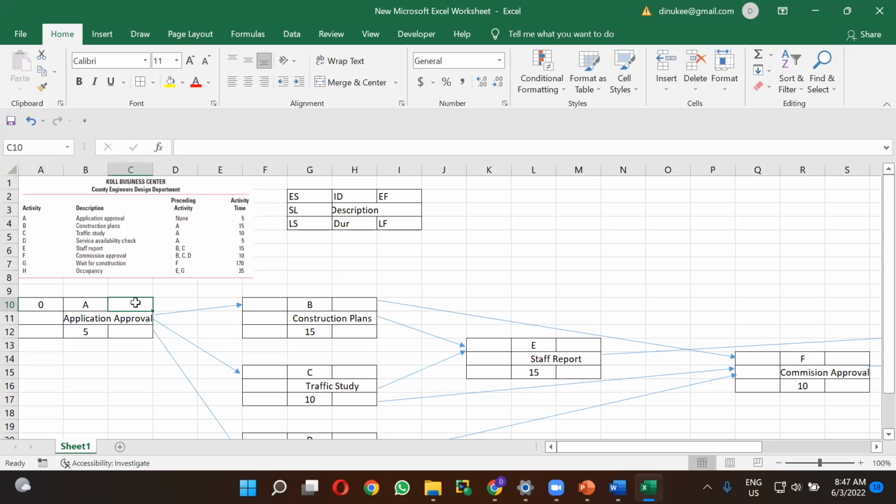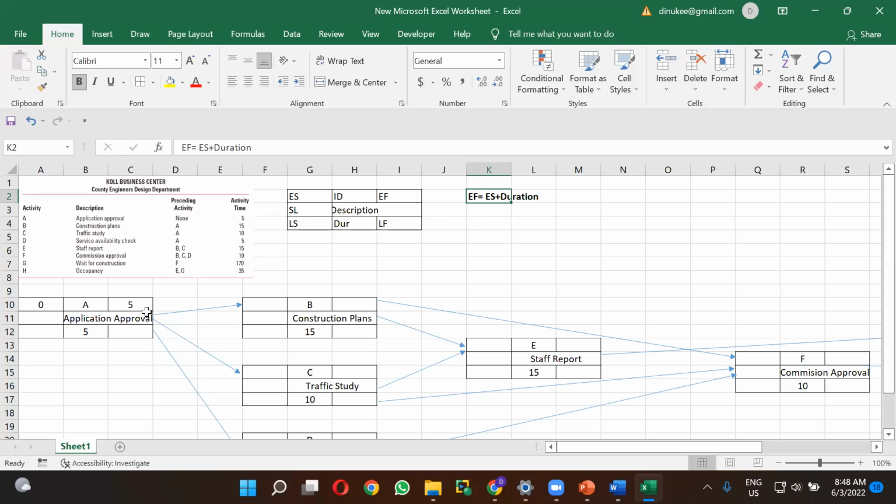So the early finish time for activity A is 5. Right. So is that clear? Early finish time means you take the early start time plus the duration. This is the equation that you have to use throughout the forward calculation when calculating early finish time. I think it is clear.